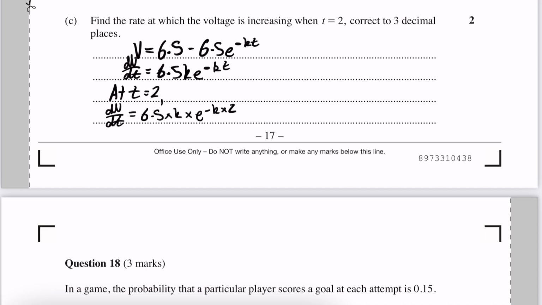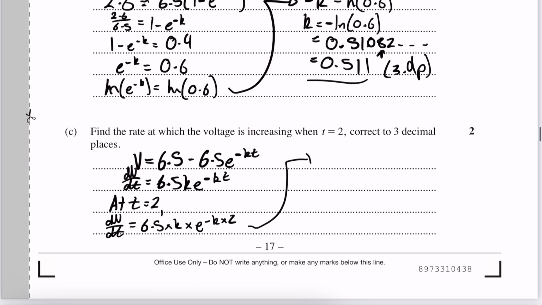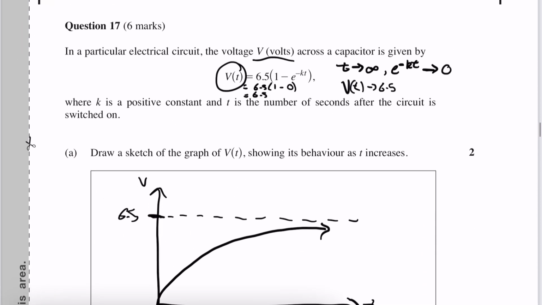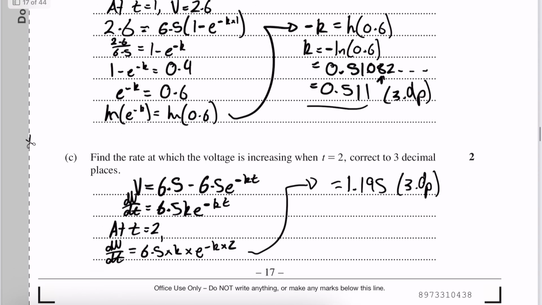And if you just plug all of that in a calculator, noting that k was equal to 0.511, then what you get is that it was equal to 1.195, and that's the 3 decimal places. And units is really important here. So this is volts, V is volts, and t, as we noted, was the number of seconds. So dV/dt is volts per second.